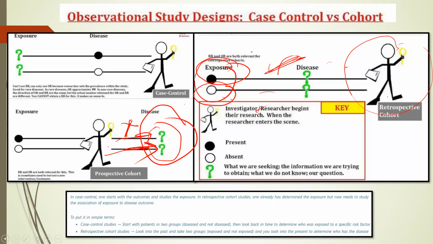So remember, in a retrospective cohort, the investigator is studying the disease. On the other hand, if the investigator is looking at the disease first, trying to divide the groups into cases and controls, and then going into the exposure, then the investigator is interested in studying the exposure. So that's when it becomes a case control.